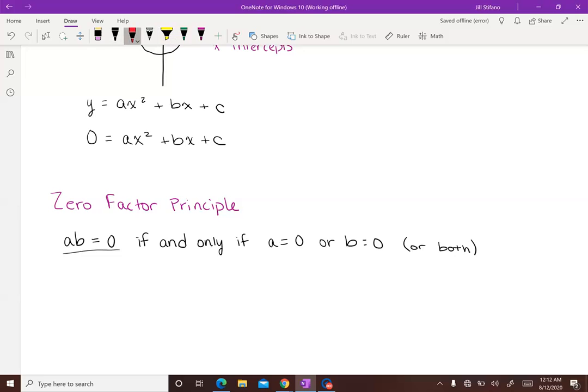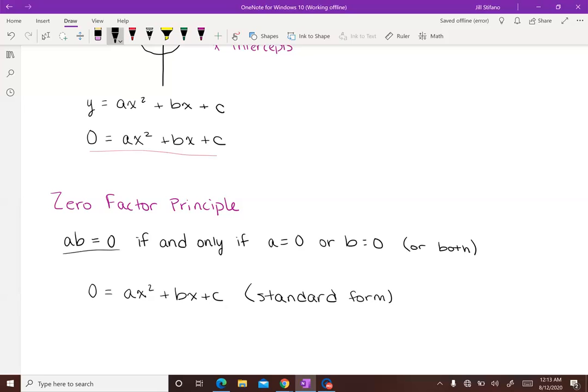If we look back at our equation of our function, this is what is known as standard form. So if we have 0 equals ax squared plus bx plus c, this is a quadratic function in standard form.